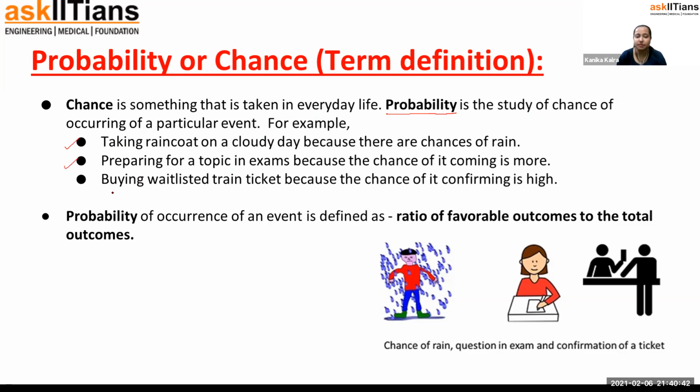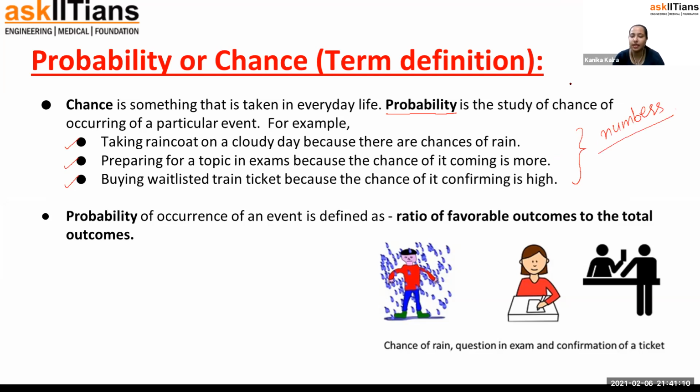Buying a waitlisted train ticket because the chance of it confirming is high. So these are all examples of probability, as there might be a possibility that it will occur or it may not occur. When you represent such situations with the help of numbers, we call that branch of math probability.